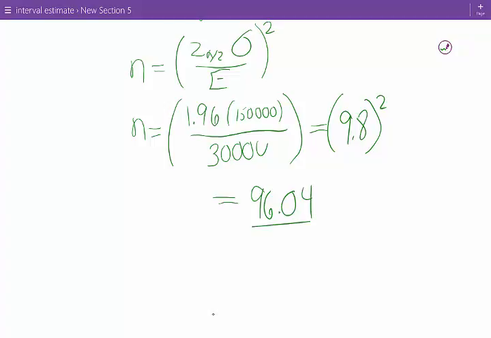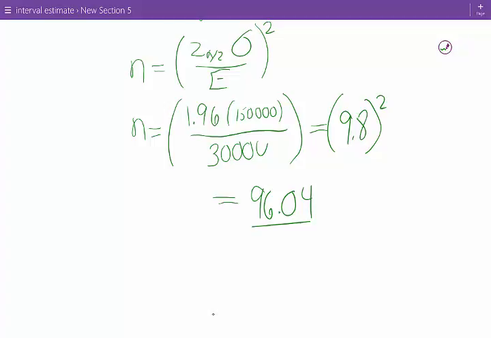Now what we were answering is how many people we actually need to sample, so that number can't be a fraction. The assumption that we make when we do these problems is that people gave us this $30,000 number for a reason, and if they want a margin of error of 30,000, what they're really saying is 30,000 is the absolute maximum margin of error we're willing to live with.